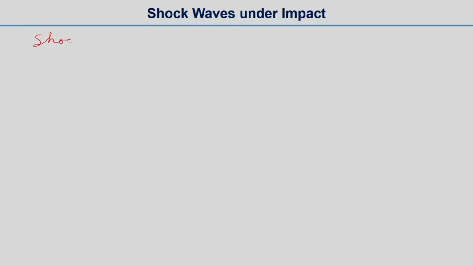So, we know the shock parameters. Earlier we discussed that there are 5 parameters: Us, shock wave velocity; Up, particle velocity; then we have the pressure, and then internal energy, and then density, or we can write it in terms of V as well, the volume.